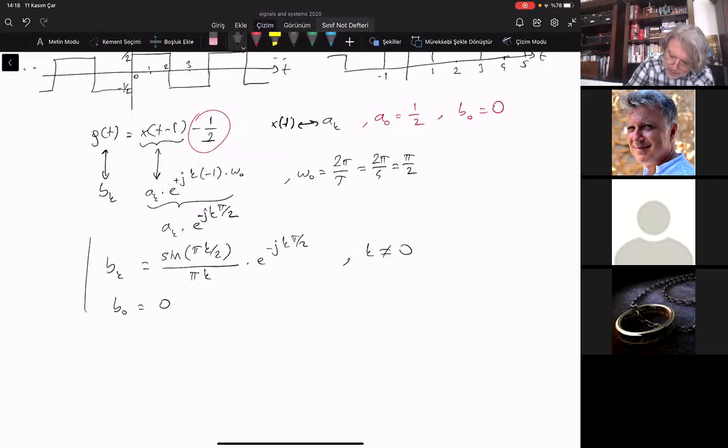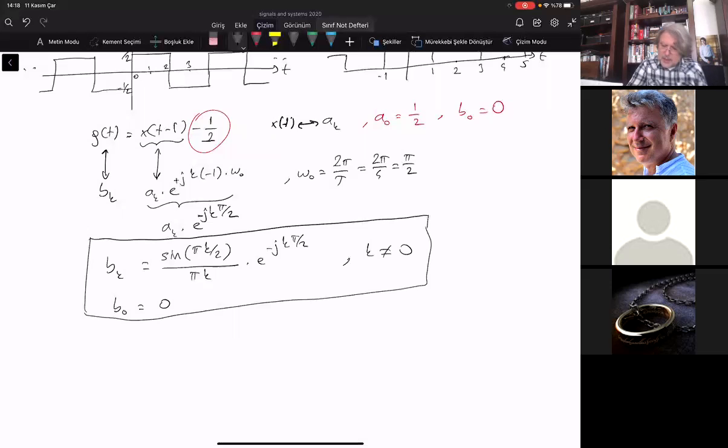So you can put it in a box and say that I found it. This is it. You don't have to simplify this. I don't think this needs any further simplification or anything. These are the Fourier series coefficients that we are looking for.